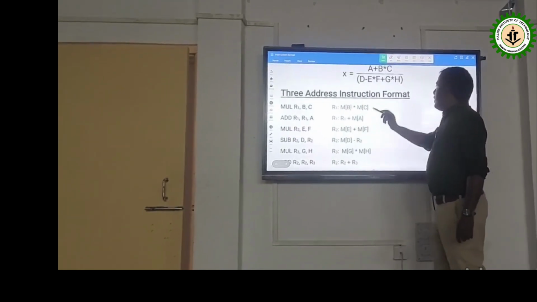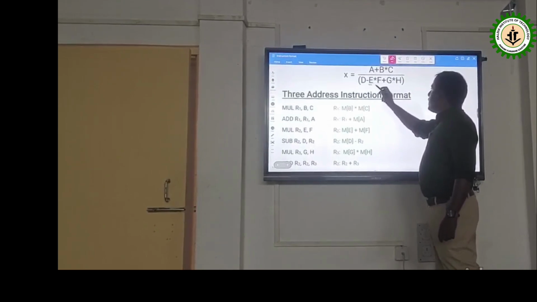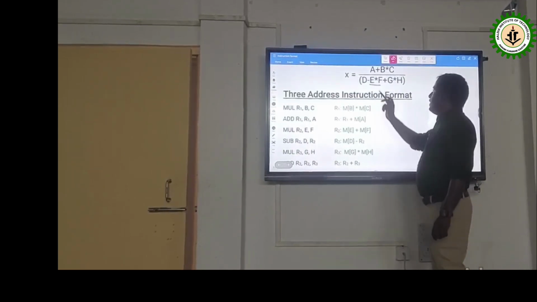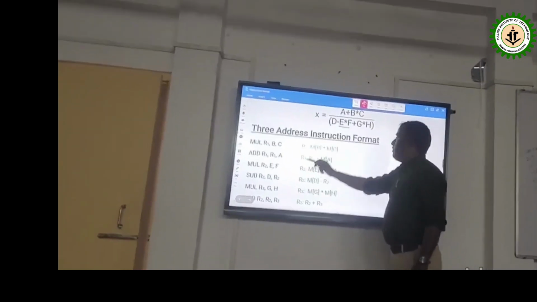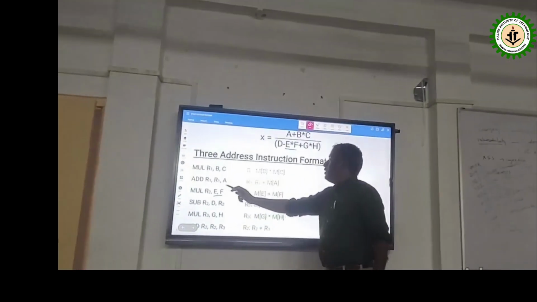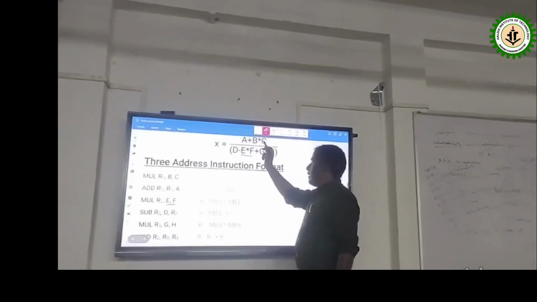For example, E multiplied by F: the multiplication is done at first, then it will be subtracted from D. So E multiplied by F will be stored in register R2, because register R1 already contains the numerator part.